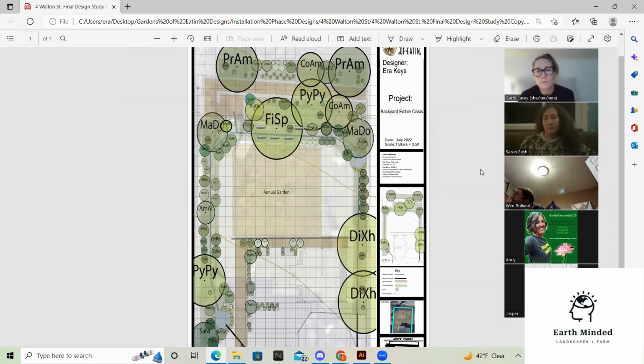And so it protects the airspace underneath the canopy as well. When I was in North Florida, I would tuck orange trees underneath live oaks and pecan trees because they would protect them from frost as well.